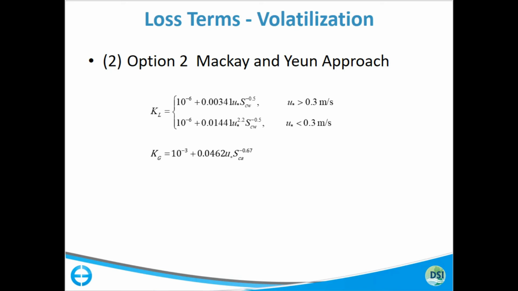So you're calculating your liquid mass transfer rate and your gas mass transfer rate according to these equations based on some shear stress toggles. And when you get finished with that, we have all the terms that we need.